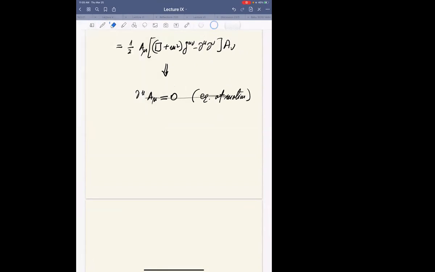I just remind you how we did it. We wrote the equation of motion that you were supposed to check. And from here, by taking an extra derivative, we derived d_mu A^mu equal to 0.